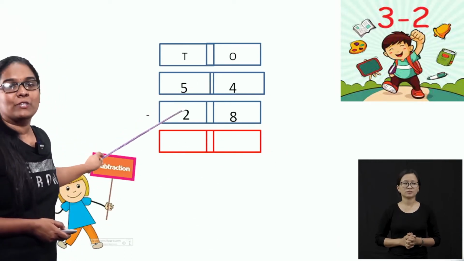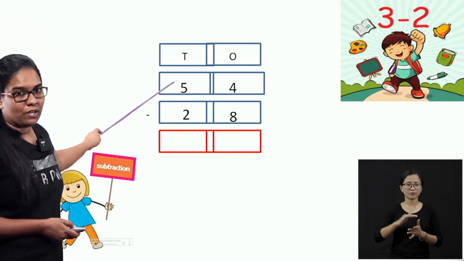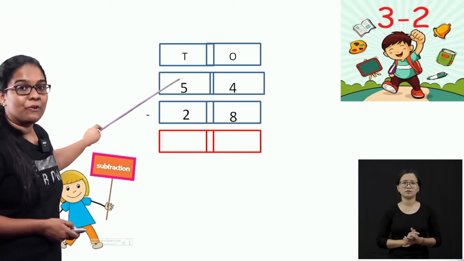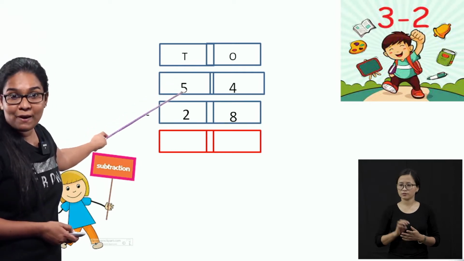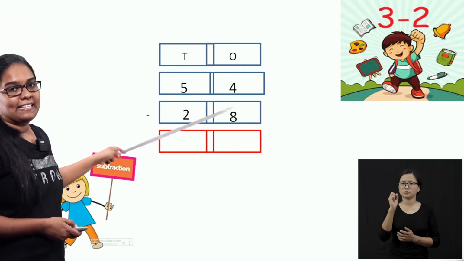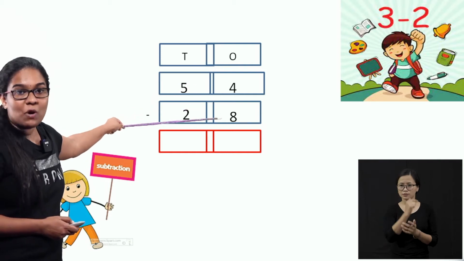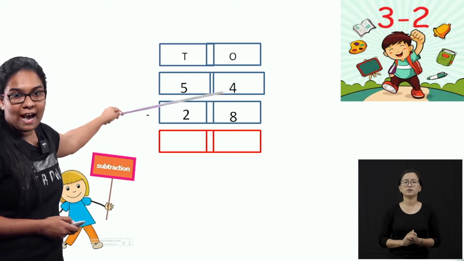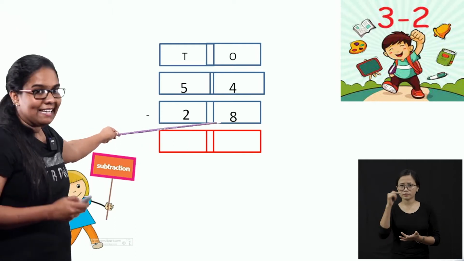Next one. Look here. Here we are going to subtract 28 from 54. 54 is a two-digit number and 28 is also a two-digit number. First, we are going to subtract the numbers in the ones place. 4 and 8 are here in the ones place. Listen very carefully.